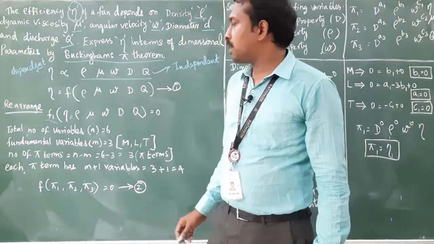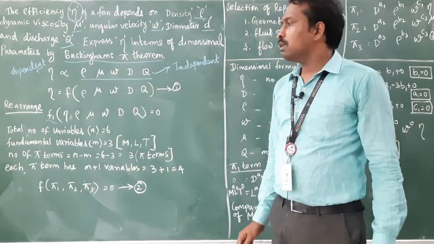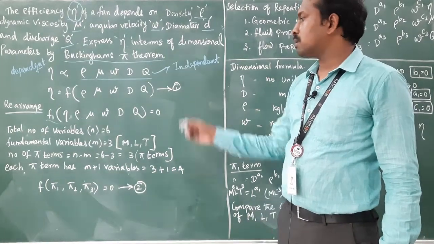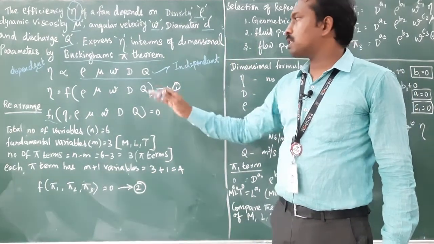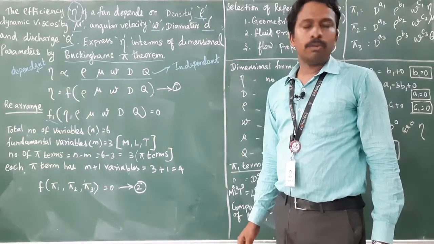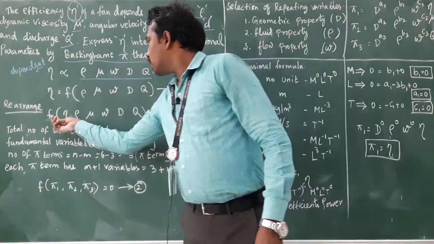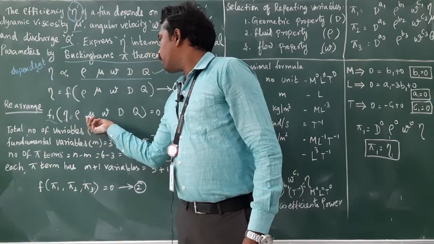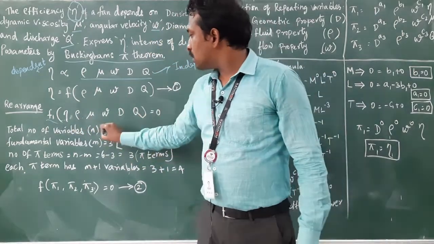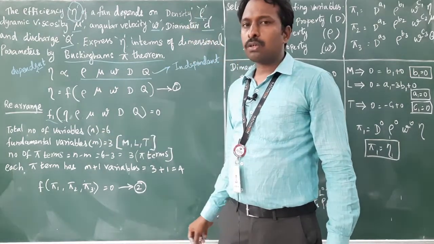For Buckingham's pi theorem, first we need to find out the total number of variables. Total number of variables means all the variables present in the problem, both dependent and independent, which is eta, rho, mu, omega, d and q. Totally there are 6 variables.